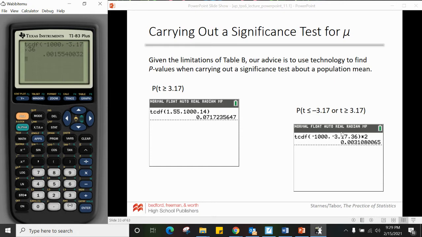And you can see, if I times this by 2, I get the same answer as they doubled. So the probability of being from negative infinity up until negative 3.17 with 36 degrees of freedom is this value right here. We times it by 2 because our alternative hypothesis is not equal to, so we're looking for either less than or greater than. So we have to double our p-value.